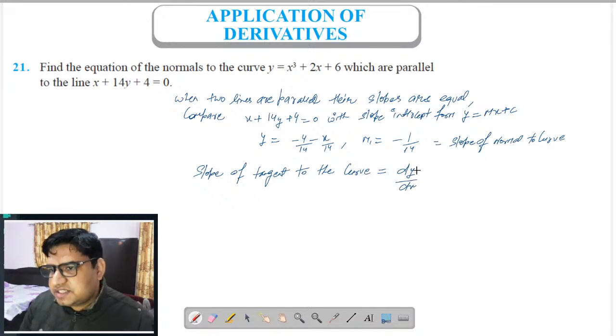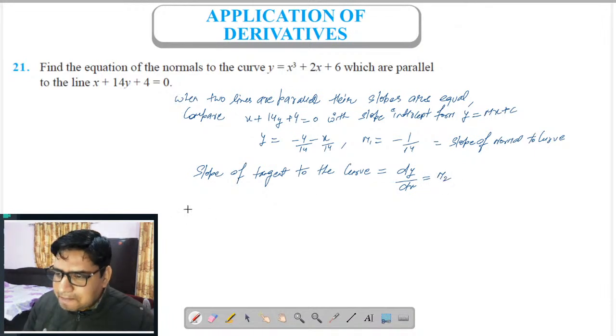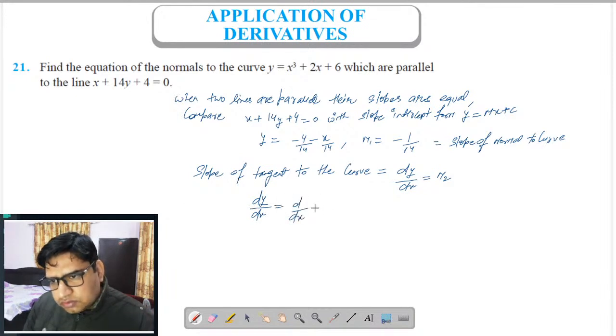Okay, or you can simply say m2. So dy by dx is equal to d by dx of y, which is x cube plus 2x plus 6. So that will be 3x square plus 2.